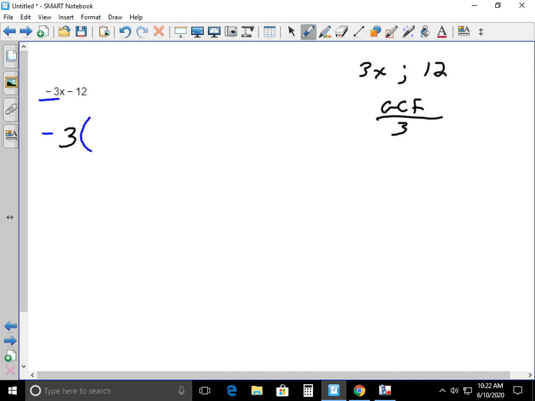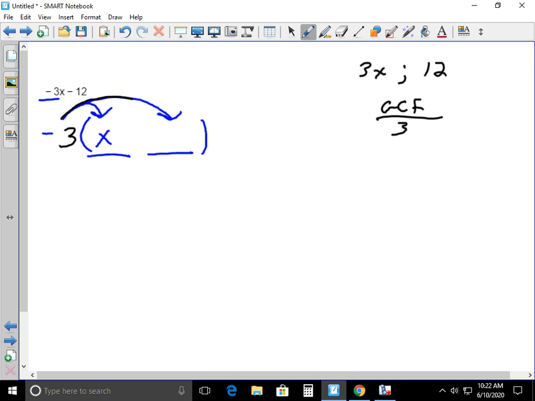This time I'm not going to show that intermediate step, just for practice. If we put our common factor of negative 3 out front, what do we have left? We're asking ourselves, negative 3 times what makes negative 3x? Well, that's negative 3 times x. And then negative 3 times what makes negative 12? First of all, what are our signs?